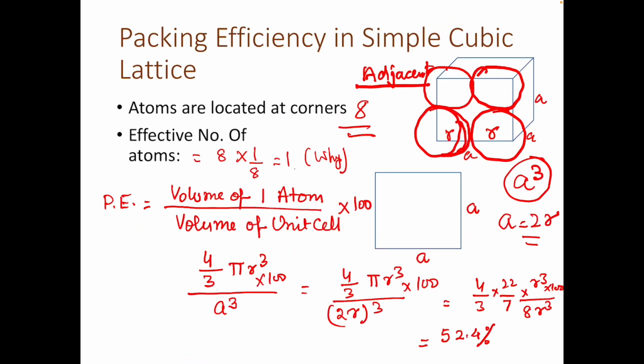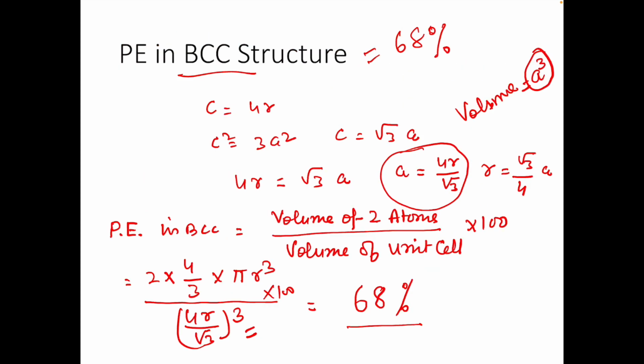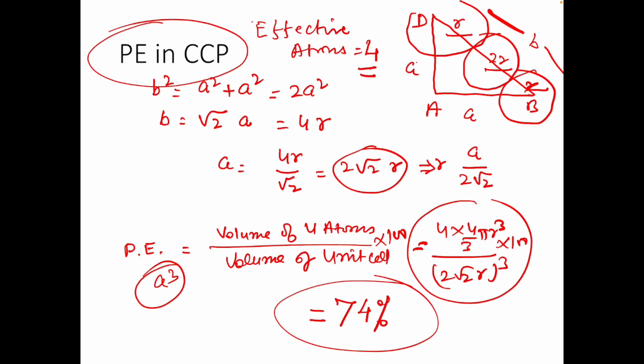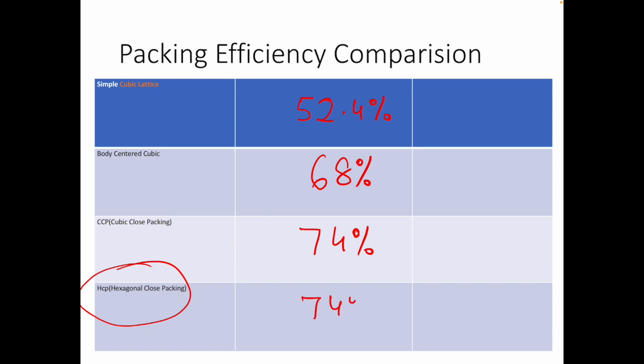In simple cubic it is 52.4%, in body centered cubic structure it is 68%, and in cubic close packing structure it is 74%, and for hexagonal close packing also it is 74%.